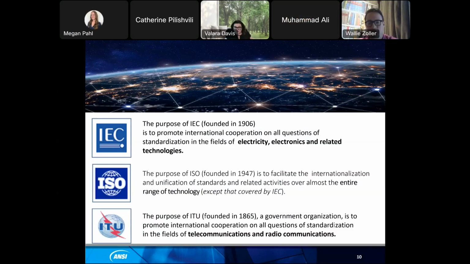They are very closely linked with ISO, who took over everything else not covered by the IEC, and the ITU, which covers telecommunications and radio communications. Here at the USNC to the IEC, we're focused mainly on those activities. So we'll be looking at that and the structure of the IEC and the USNC that supports it.